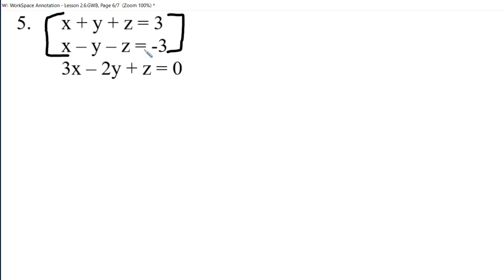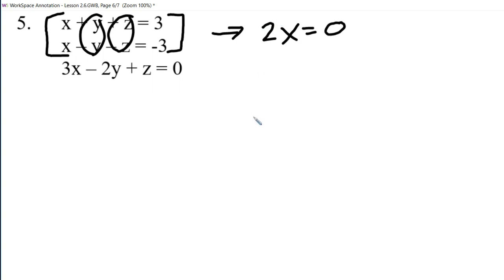Whatever equations I'm combining, I put a little grouping symbol out to this side so I can see which equations I'm combining together. So when I combine these, 1x plus 1x gives me 2x. And what happens with the y's and the z's? Zero pair, zero pair. And 3 minus 3 is 0. So that's going to work out nicely, because if I divide both sides by 2, what does x equal? 0.